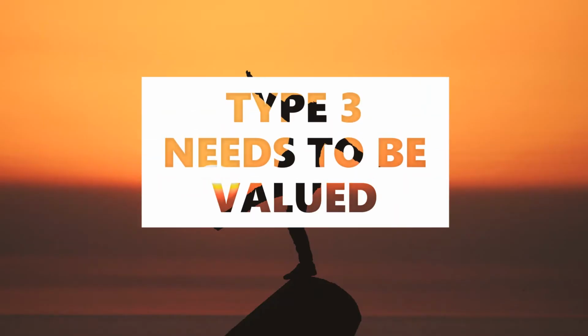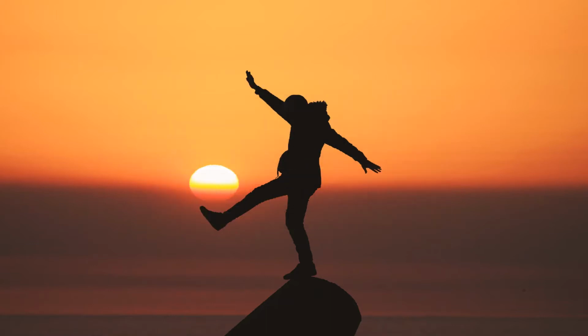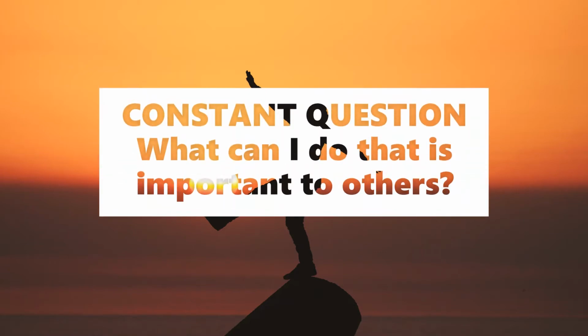Type 3, their need is to be valued. They desire recognition of accomplishments and of what's impressive, impressive for themselves and also impressive for others. And their constant question is, what can I do that is important to others right now? So why is it that being important to others is so important?